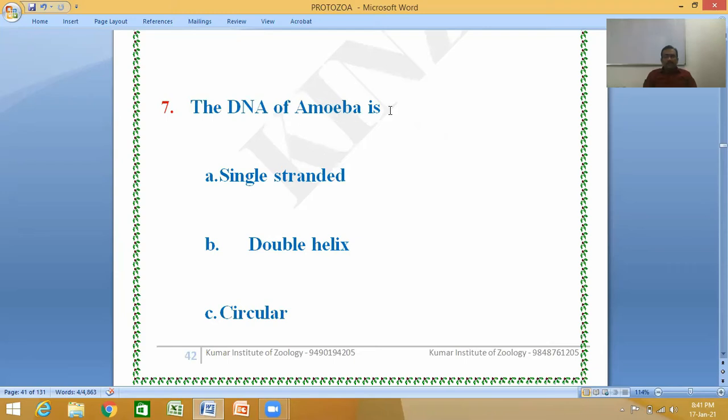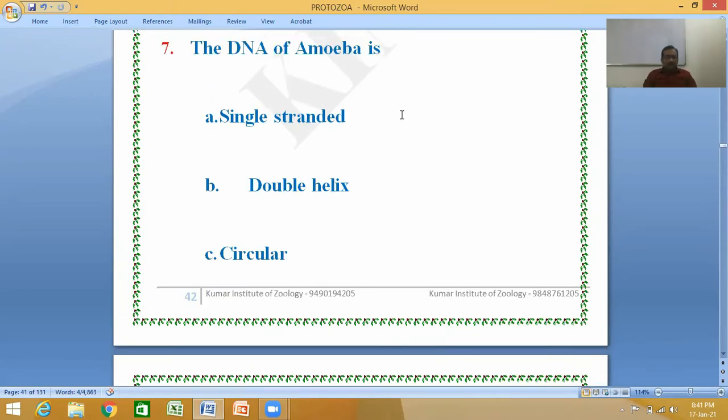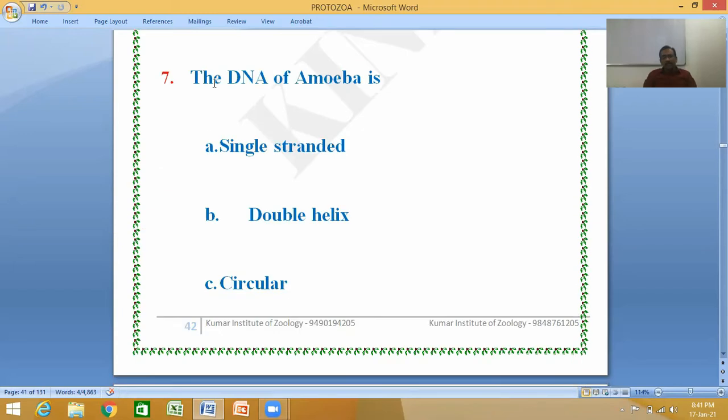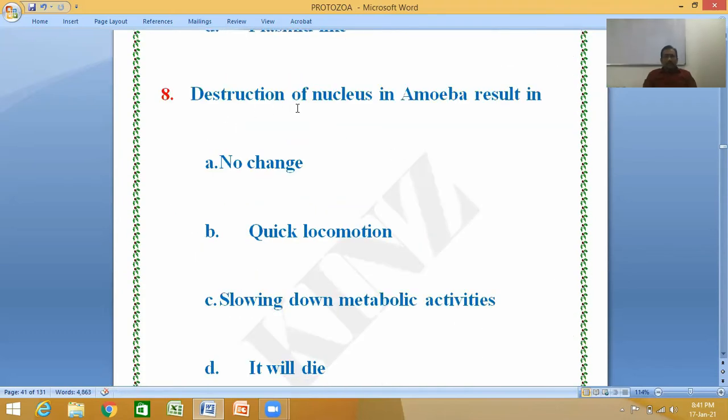The amoeba is a eukaryotic organism. What type of DNA is present: double stranded, single stranded, circular, or plasmid like? It is double helix in nature, a double helical DNA. Answer is B. Destruction of the nucleus in amoeba results in what?